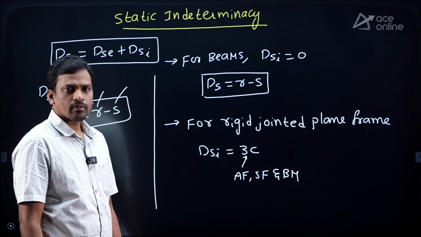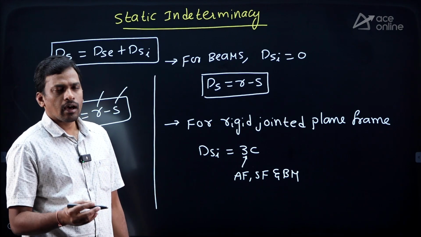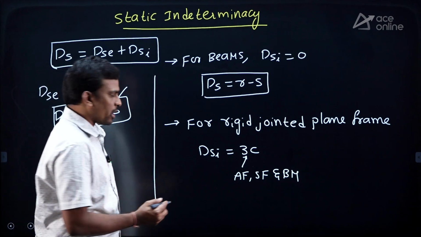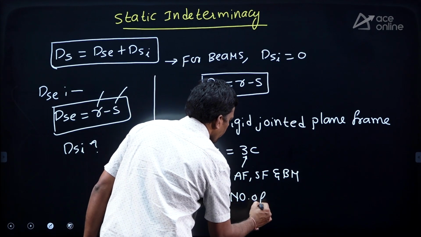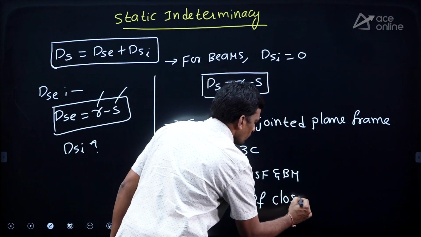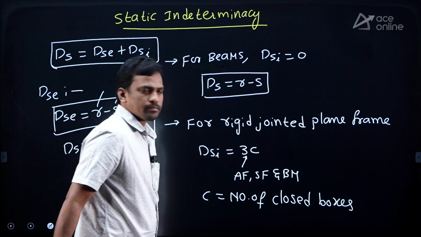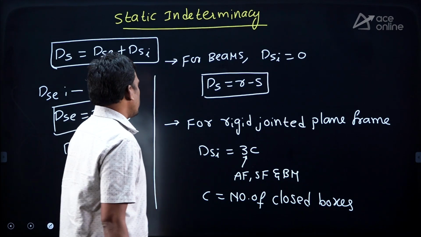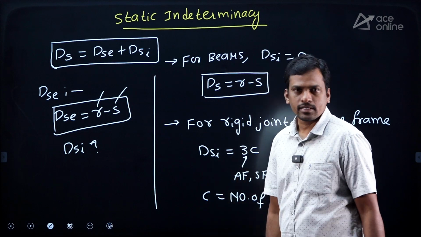And what is C? Number of cuts required to open a closed configuration, or otherwise the number of closed boxes, where C is number of closed boxes. Yes or no? So this is the formula to find the Dse and Dsi, right?